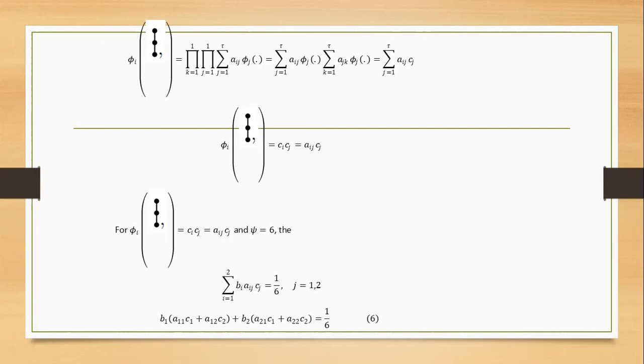If my i now varies to 2, I have b2 times a21 c1 plus a22 c2, and together they equal 1 over 6. This is what the expansion of this gives me.